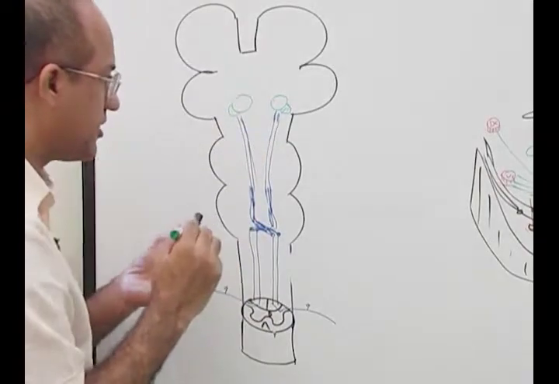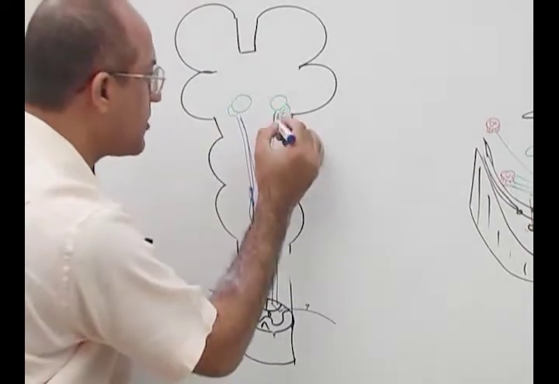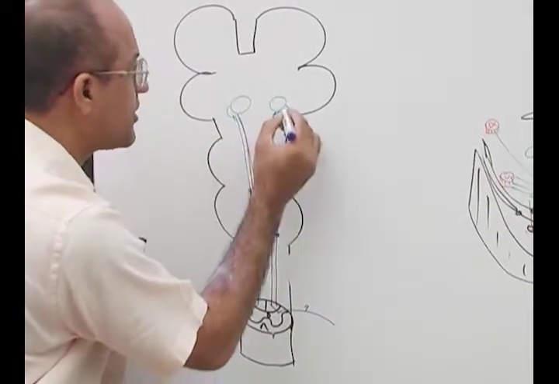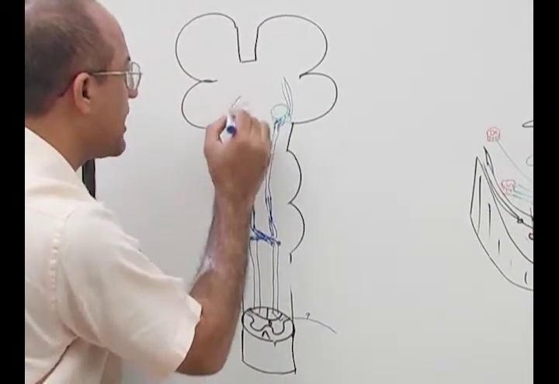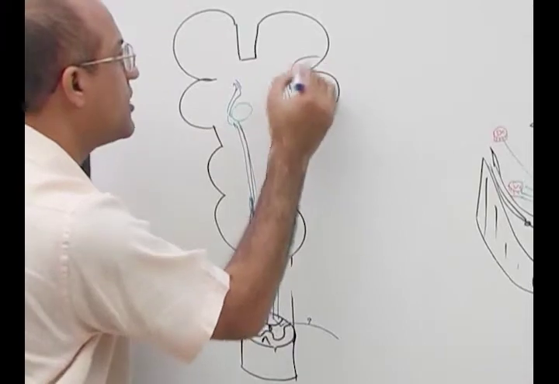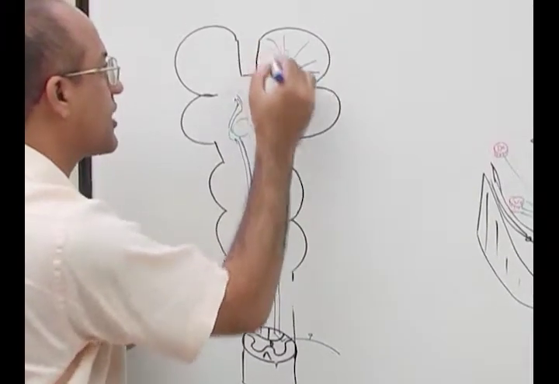Please tell me. This is the thalamus, right? And from the thalamus, sensory fibers go upward through the internal capsule. You remember something like that? And eventually to the sensory cortex.